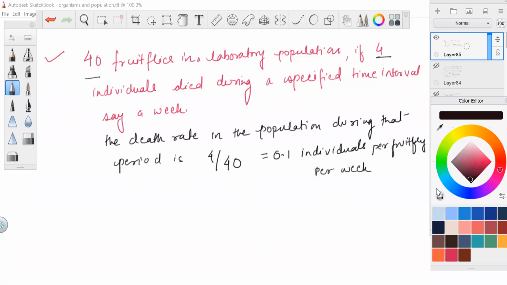Next, we will be seeing sex ratio, which is another attribute or you can say characteristic of a population.